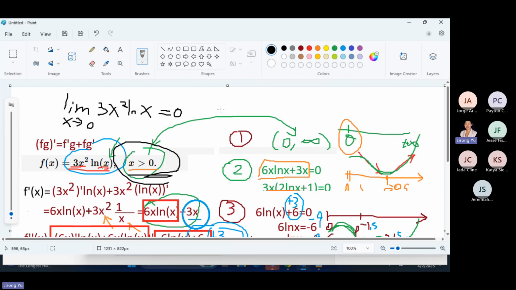If you wonder how to do that calculation, we're going to talk about it in chapter 4, doing a limit computation in a short way. But you can also try calculating this limit with a number. You can plug in x equals 0.01: 3 times 0.01 squared times natural log of 0.01. You can see that number is almost zero. So that's one way we can tell that the limit on the left side is supposed to be zero.